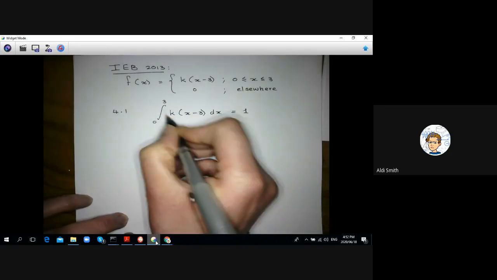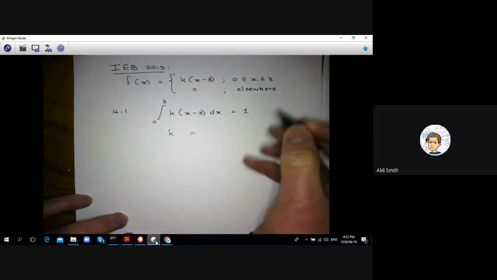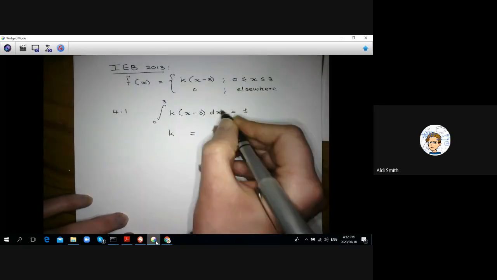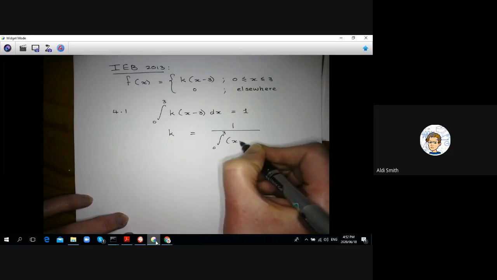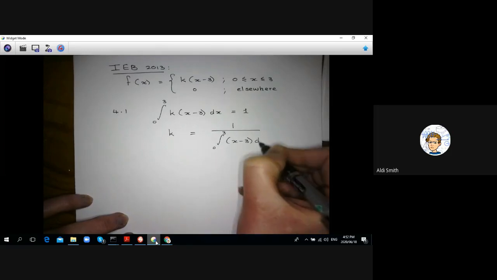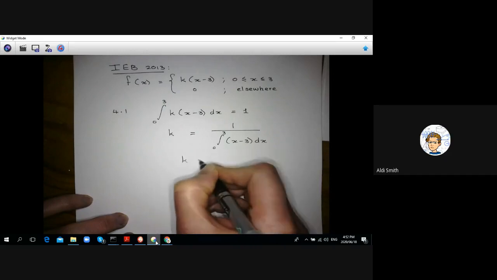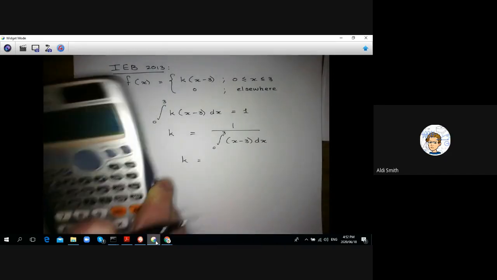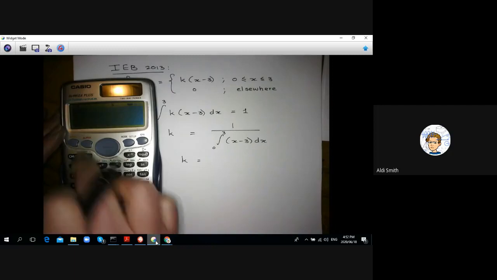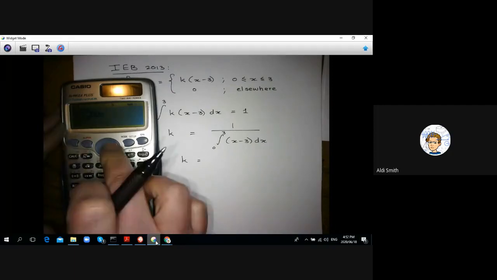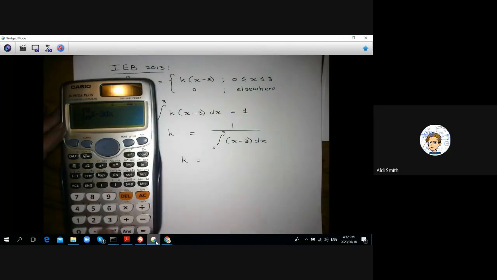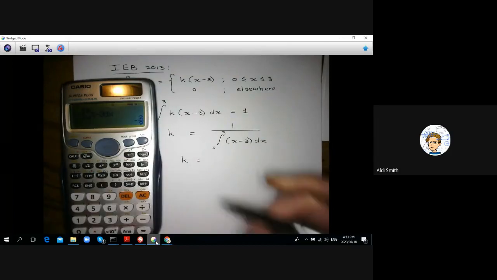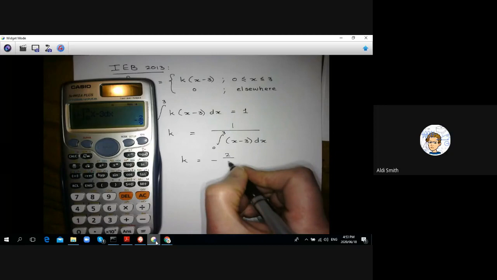I can take k out as a common factor, so k is 1 divided by what's left: the integral from 0 to 3 of x minus 3 dx. So it's 1 divided by the integral of x minus 3 from 0 to 3, and that's going to be minus 2 over 9. Pretty easy.